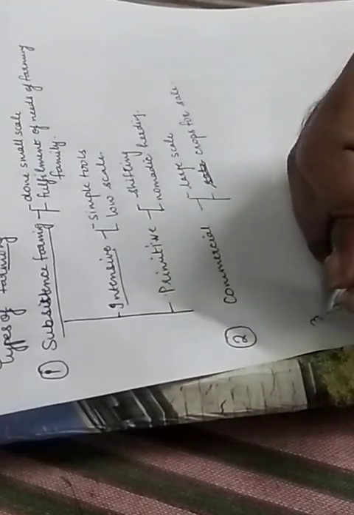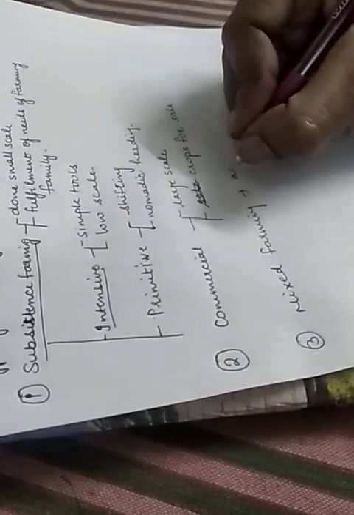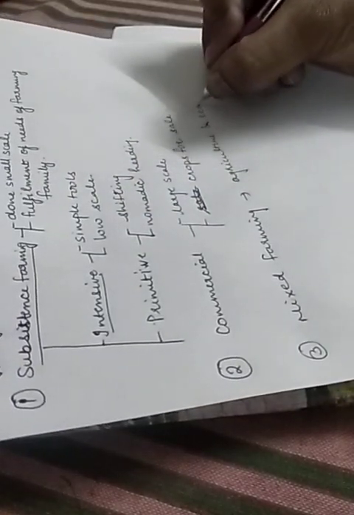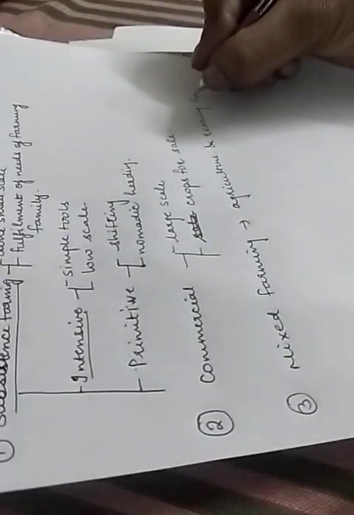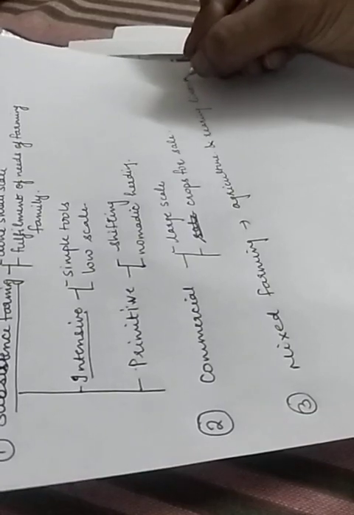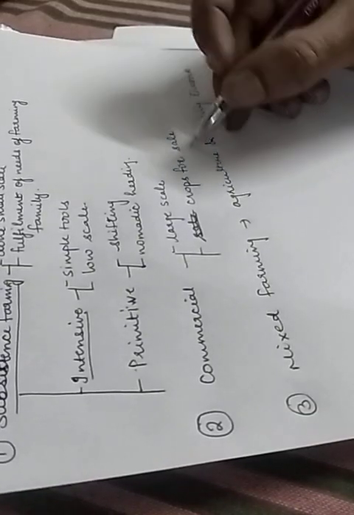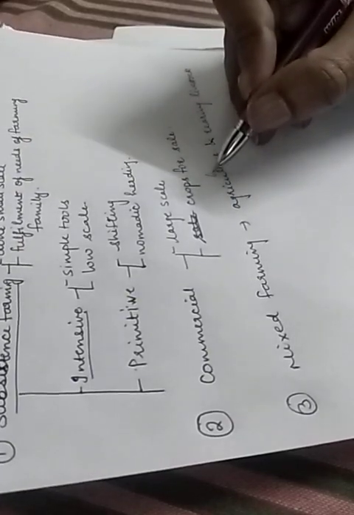The third is mixed farming. When agriculture and rearing livestock is done simultaneously, that is called mixed farming. The basic raw material of livestock can be obtained from agriculture.